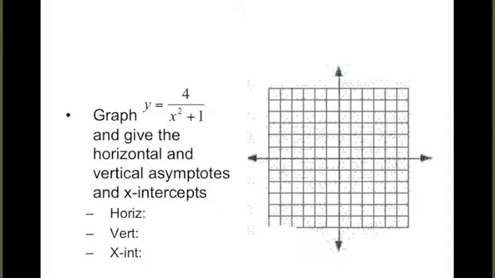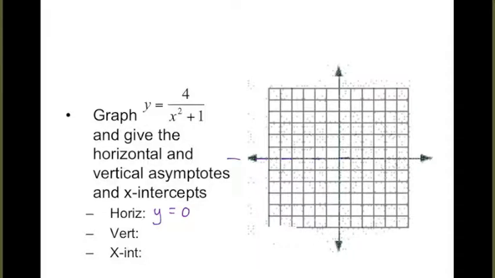So in this one, we're going to start by giving our asymptotes and x-intercepts. So the horizontal asymptote, that's where we look at our powers of x's. Does the top or the bottom have a bigger power of x here? The bottom. When the bottom has the biggest power of x, our horizontal asymptote is going to be at y equals 0.